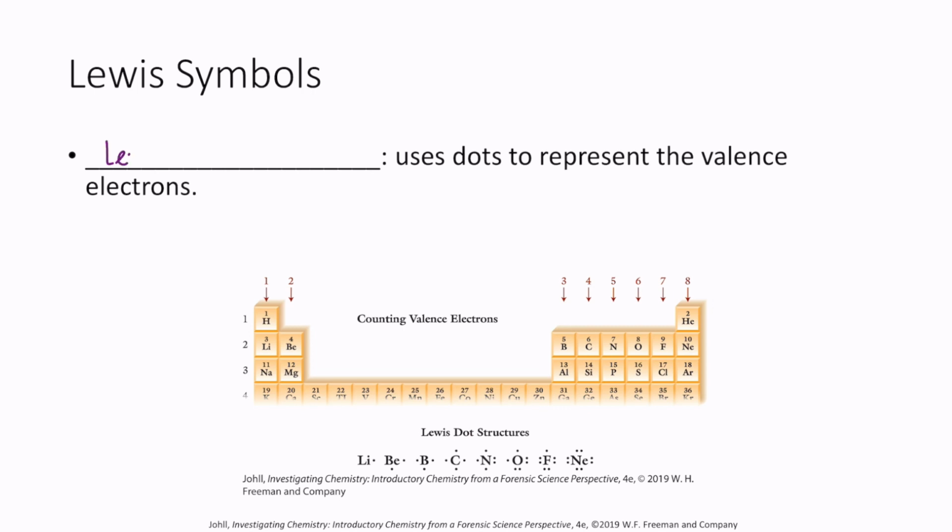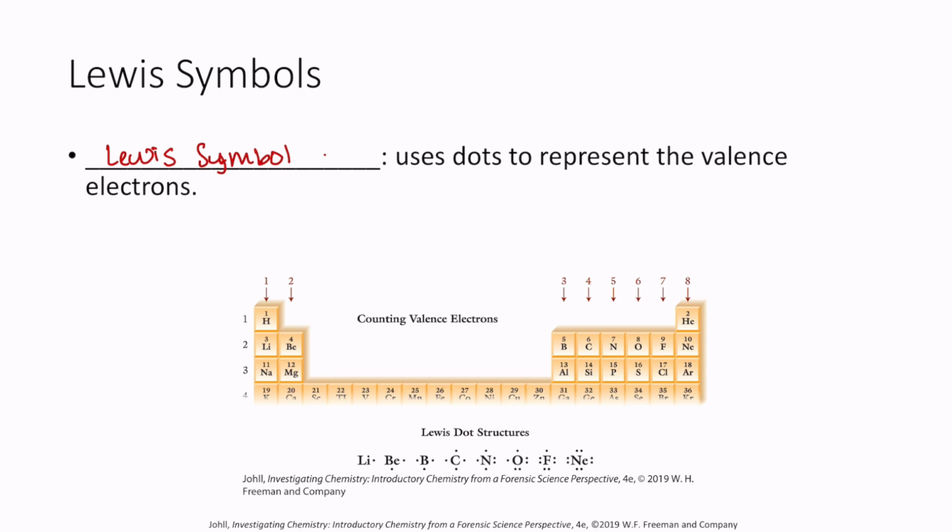We can use the Lewis symbol to represent the valence electrons of an element or an atom.